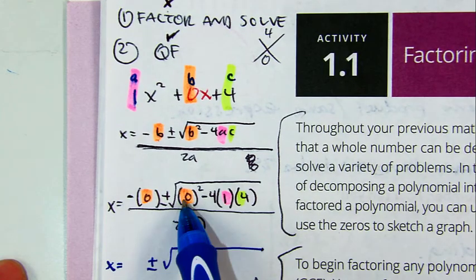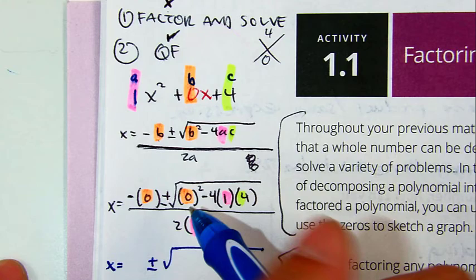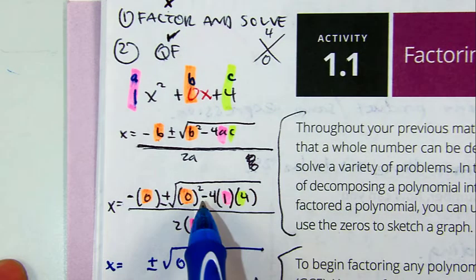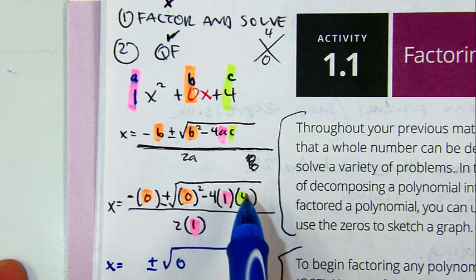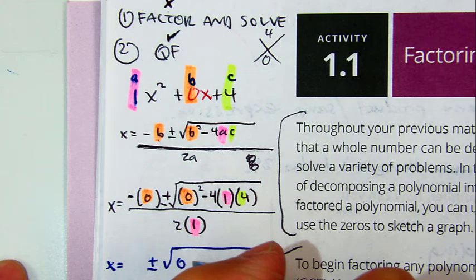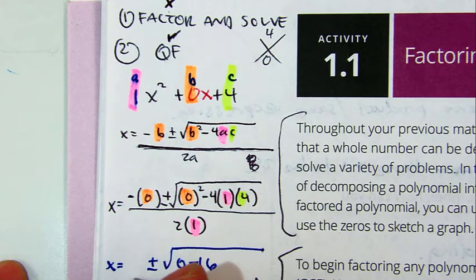Class, 0 squared. Negative 4 times 1, and negative 4 times 4. Negative 16. All over 2.